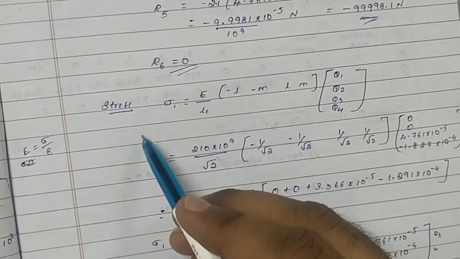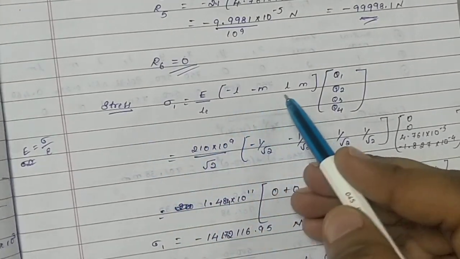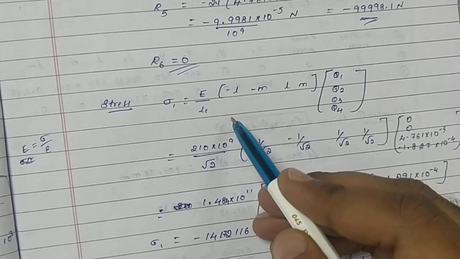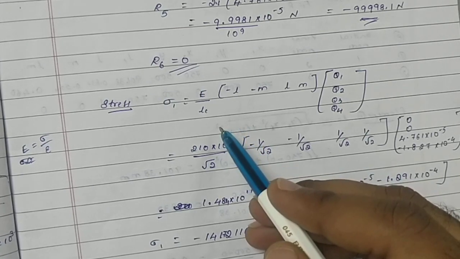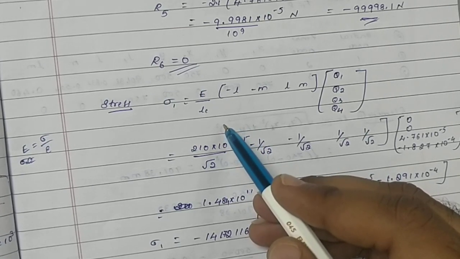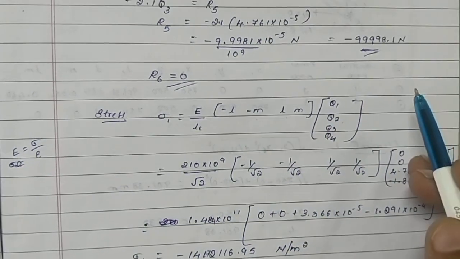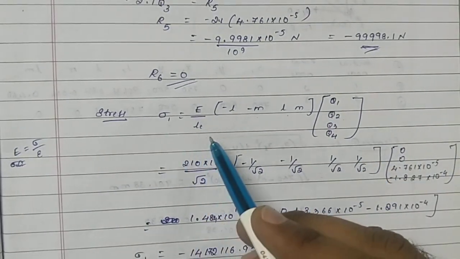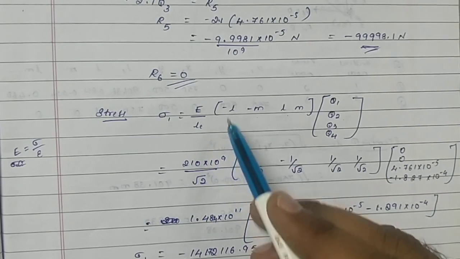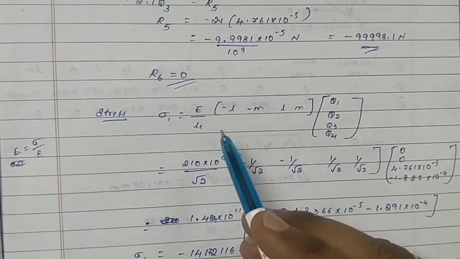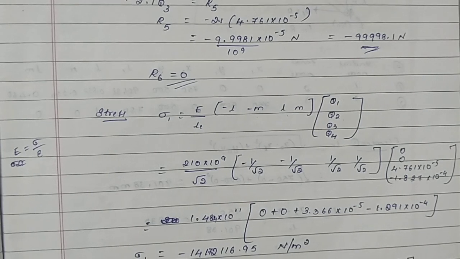Now we will find the stresses. Sigma 1 is equal to E by LE times minus L, minus M, L, M, times Q1, Q2, Q3, Q4, is the formula we have. Epsilon is equal to 1 by LE, right? Young's modulus is equal to stress by strain.